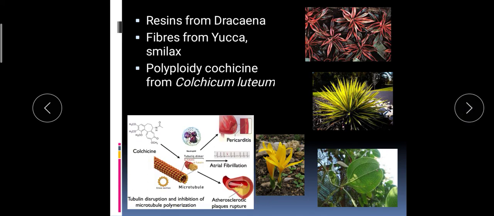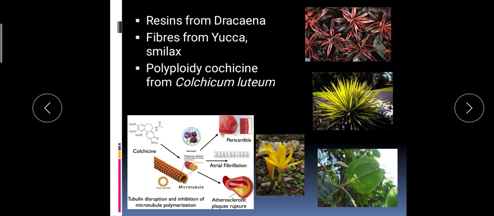What do you mean by polyploidy? It is the condition arising in mitotic division, mitosis and meiosis, which you studied. You can prevent the formation of spindle fibers. Then what happens is that in anaphase, the separation and division never happens. So a polyploid condition exists.